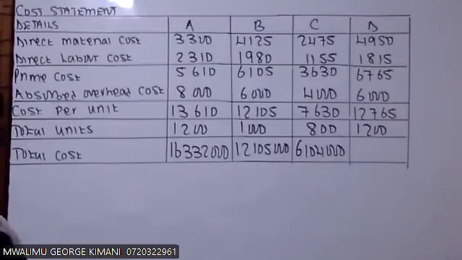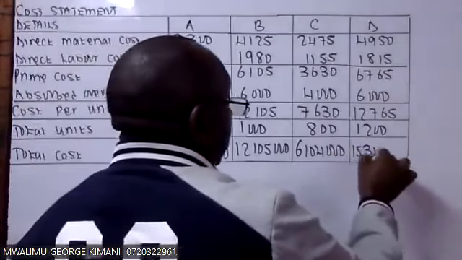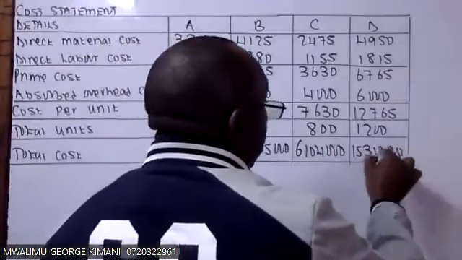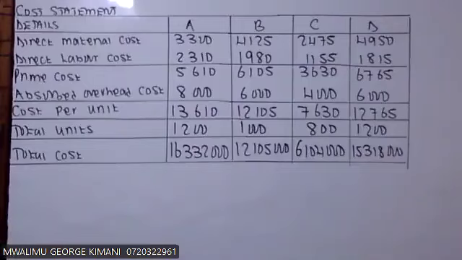Okay, so we have 15,318. Now, I think now we are together. Good.